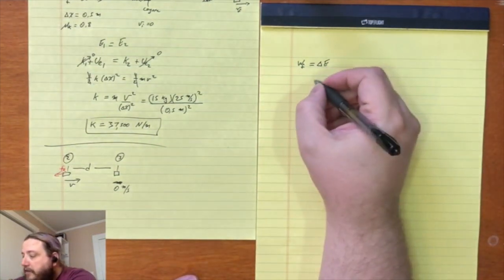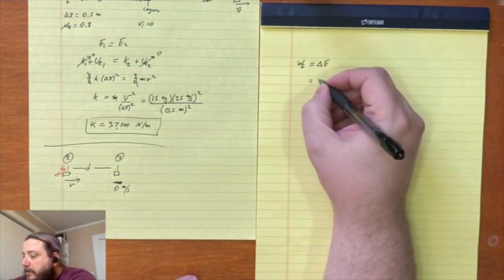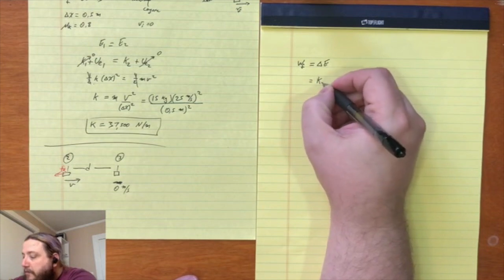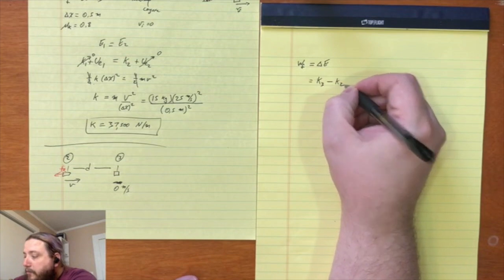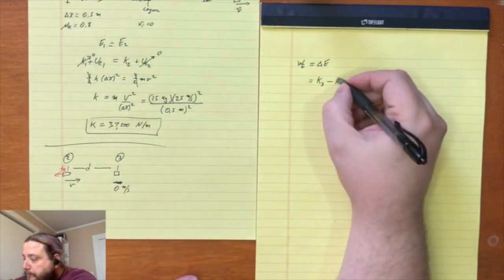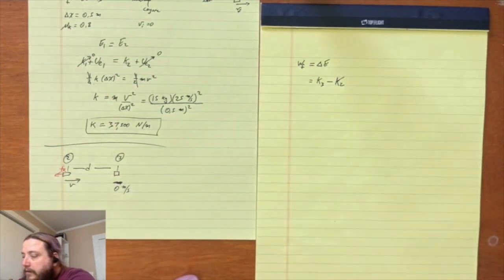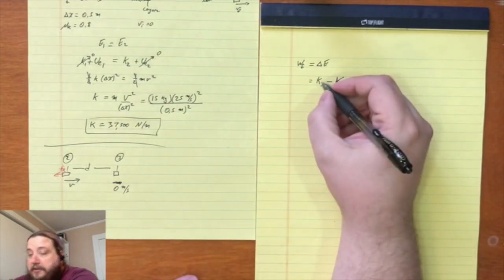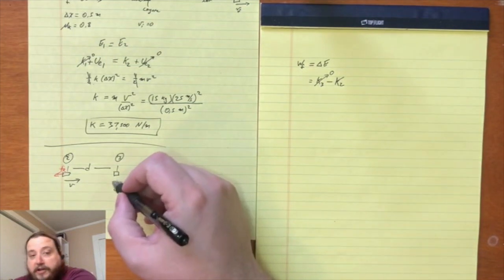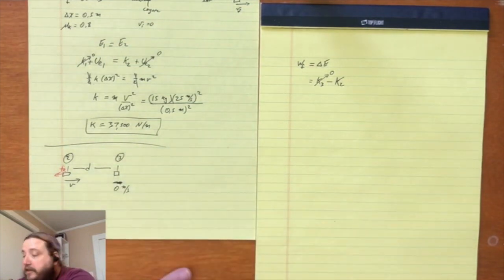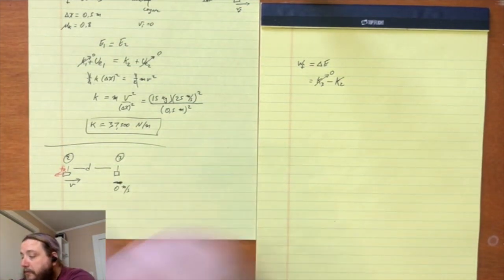That's going to be equal to the kinetic energy at moment 3 minus the kinetic energy at moment 2. And the kinetic energy at moment 3, well, he's not moving at moment 3, so the kinetic energy at moment 3 is 0.